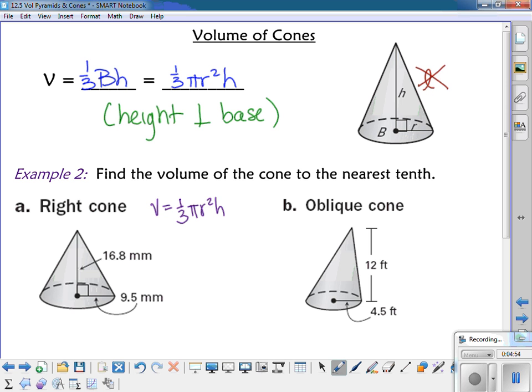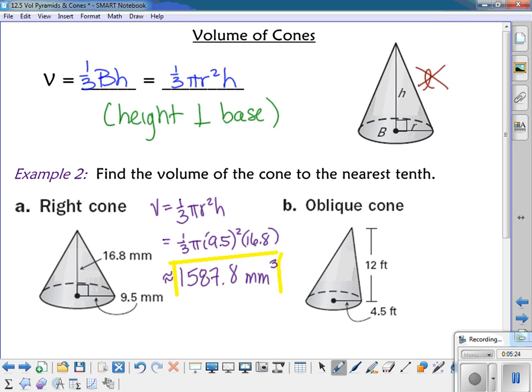So in this particular case, 1/3 pi, the radius is 9.5, so we square that, and then the height is 16.8. So if we plug that all into our calculator, you should get approximately 1,587.8 millimeters squared. I mean cubed. Sorry.